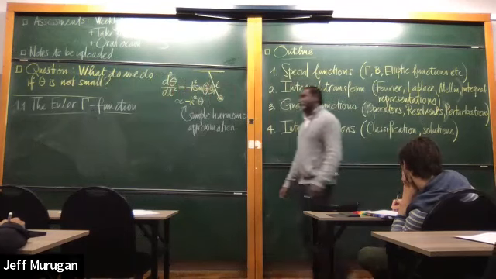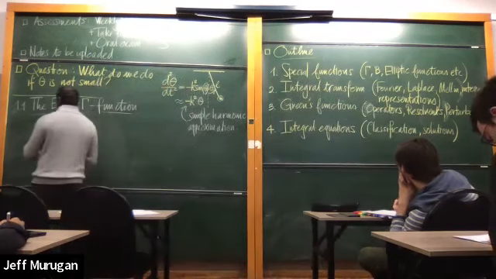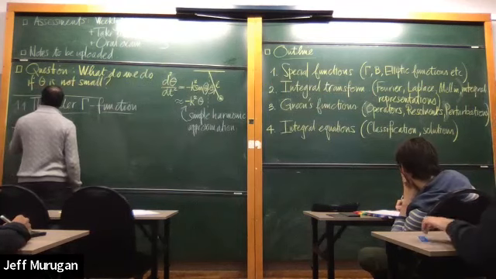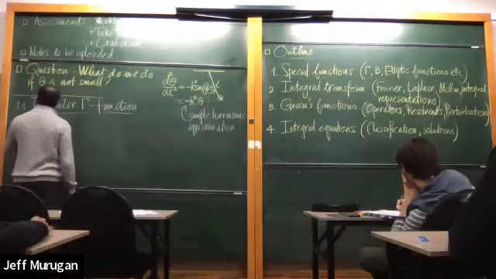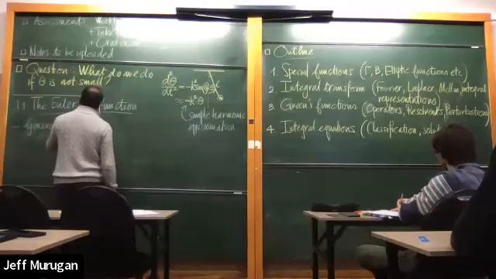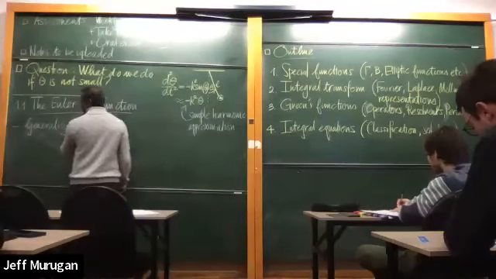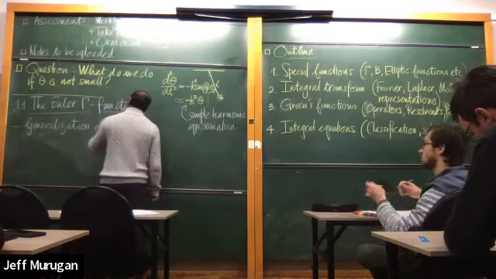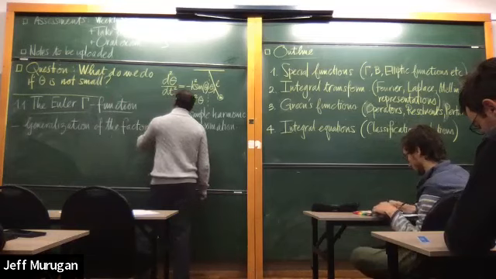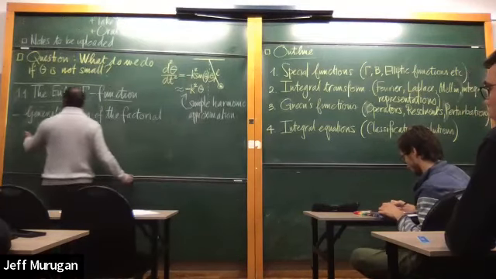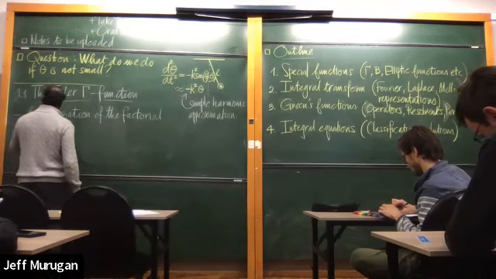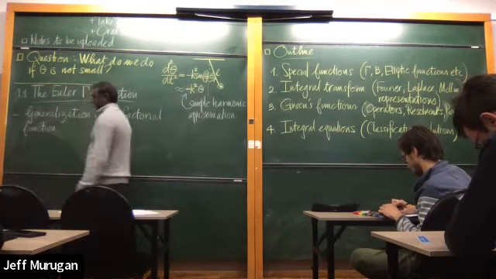The Euler gamma function is a generalization of the factorial function.